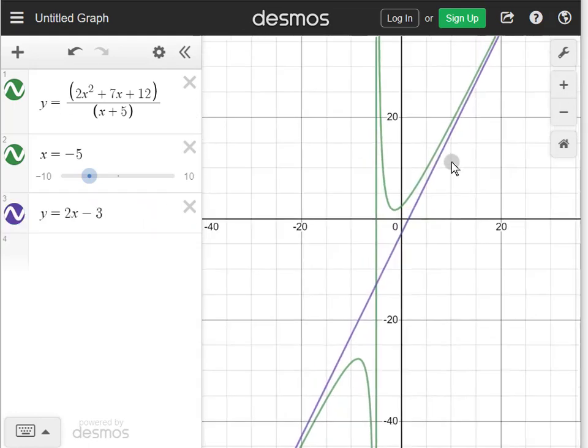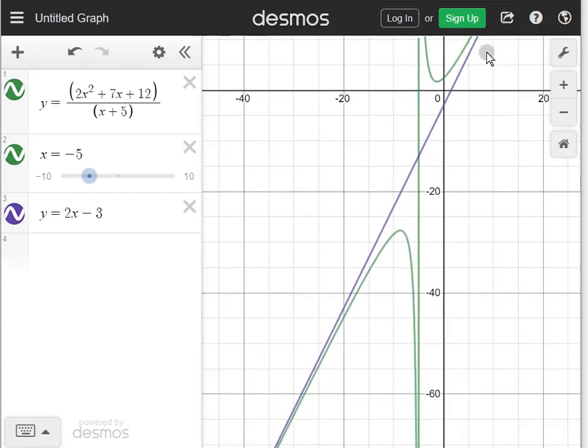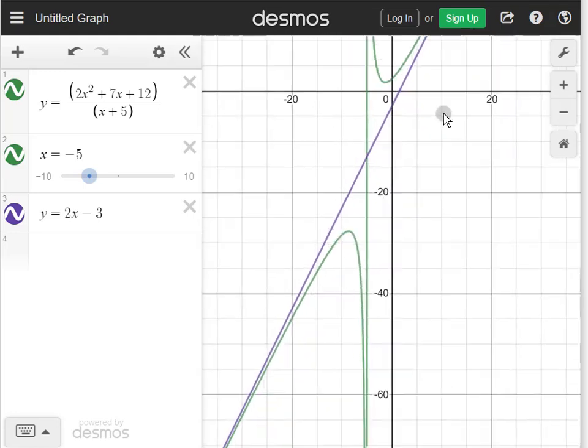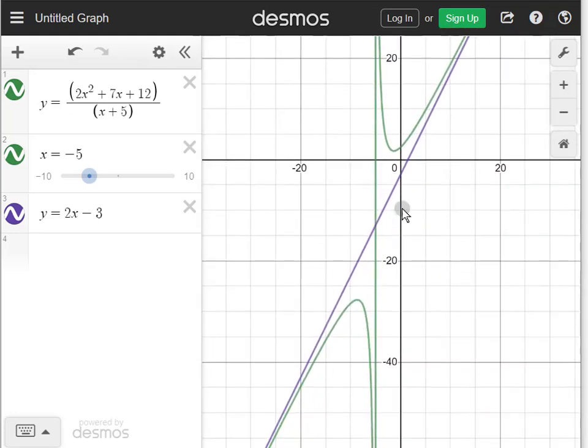Hey, look at that. How cool is that? You can see this graph is kind of curving towards both of those lines. Very weird looking graph, but we can find these asymptote values that really help define a large portion of this graph, or what shape we'll end up getting.